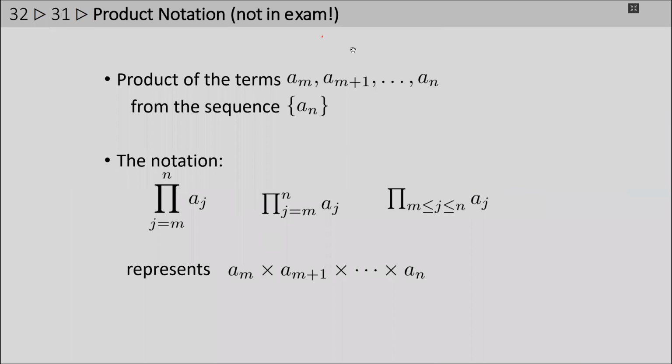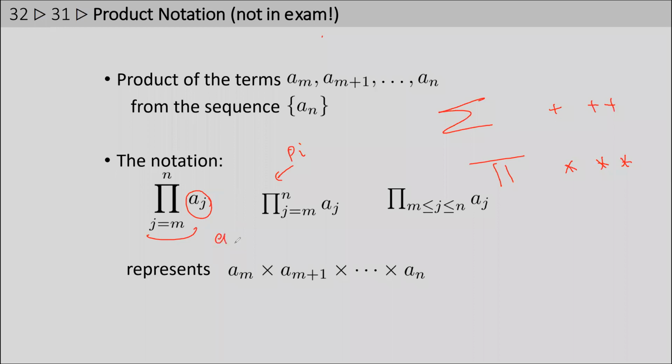Okay, and also here is a notation for the product. This is the notation for the summation, adding things together, and this is for multiplying things together. It's called pi. Product over aj, starting with j equals m until it reaches n.